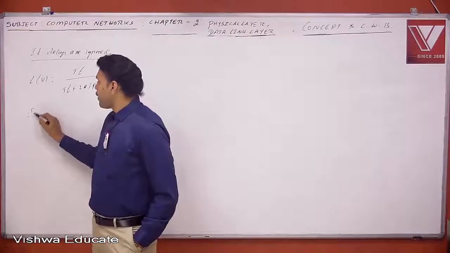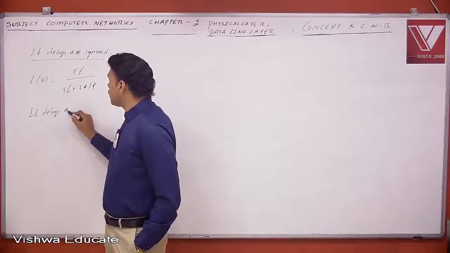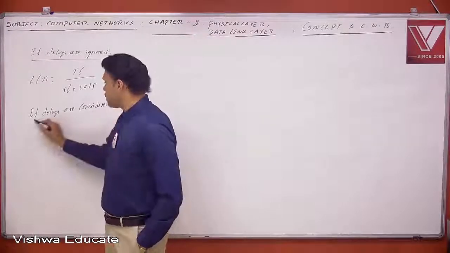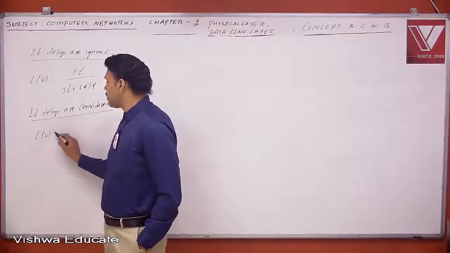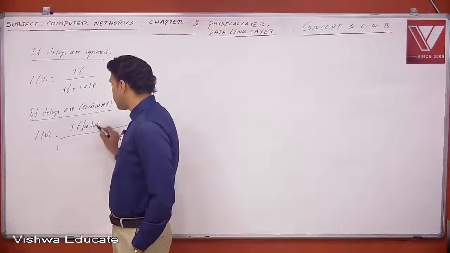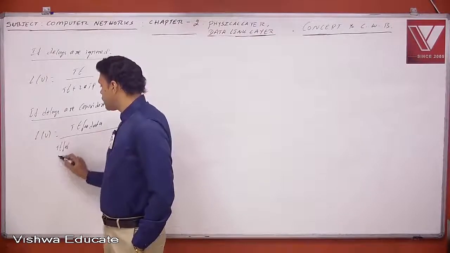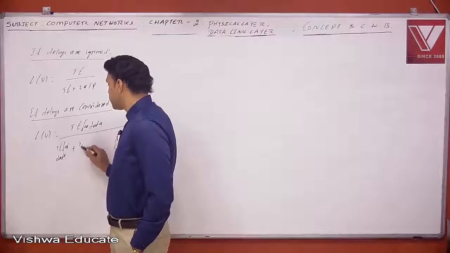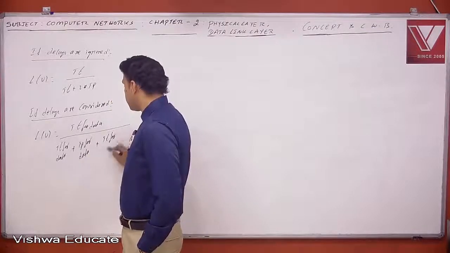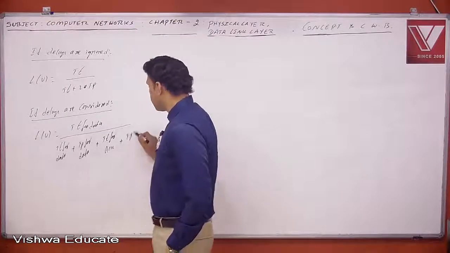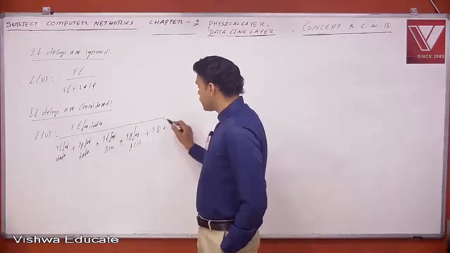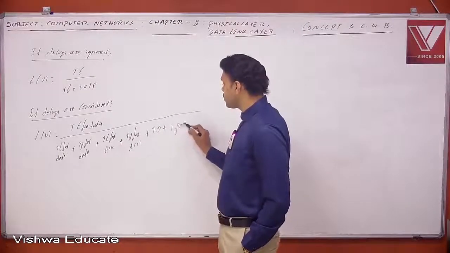If delays are considered, then you have to change your equation: L of u equals TT for data plus TP for data plus TT for acknowledgement plus TP for acknowledgement plus queuing delay plus processing delay.